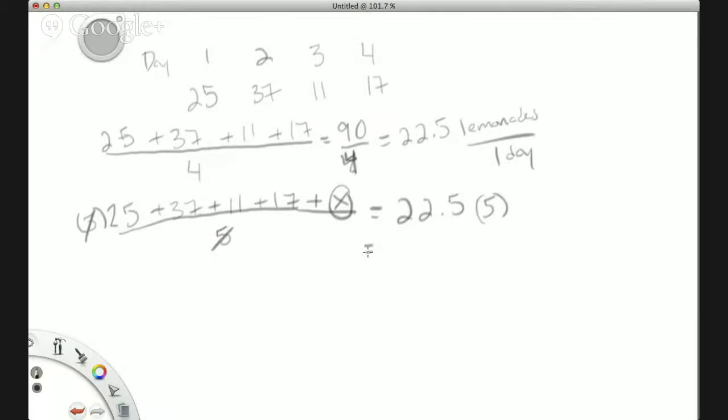Multiplying 22.5 by 5 gets me 112.5, and we still have our sum of numbers up here. Since we already calculated what all these numbers added up to, they all turned out to be 90. On this side, we're left with 90 plus X equals 112.5. So when we subtract our 90 away to get X by itself, we're going to end up with 22.5.